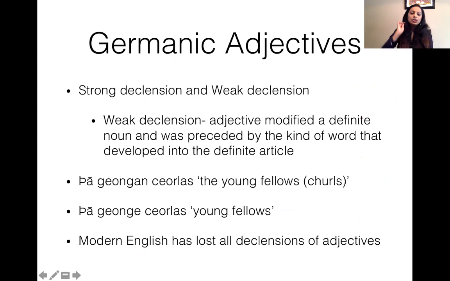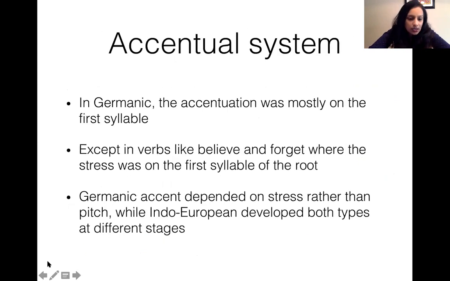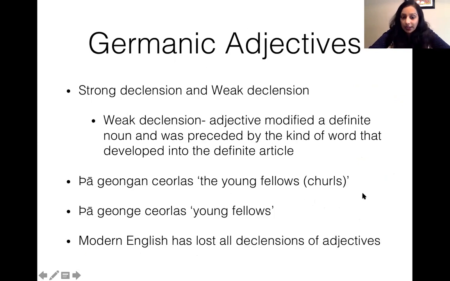The Germanic adjective also had the strong and weak declension, like the verbs. And the weak declension was basically a definite noun preceded by the kind of word that developed into the definite article. So "der junge Scholar" is basically the young fellow, and then the young fellows with the plural, you can see that there is a difference in the declension of the adjective.